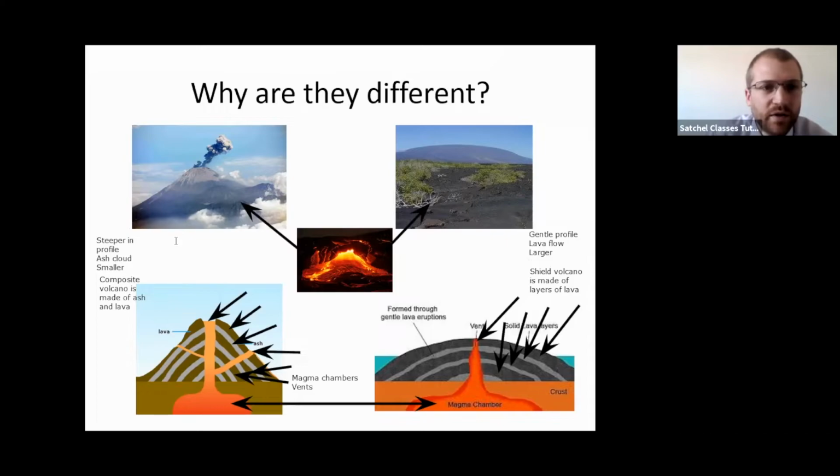If we look at the composite magma first, this is often known as andesitic magma, and it tends to be very viscous, which is another word for sticky. Which means it is slow moving.